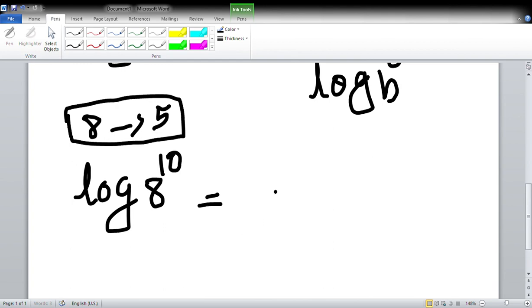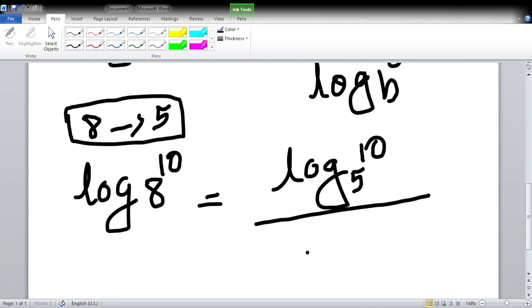So simply you can write log 10 with the base 5, that's right. And again, the base is the same, 5, and the previous base 8 will be the number of this log. That means log 8 with the base 5, right?